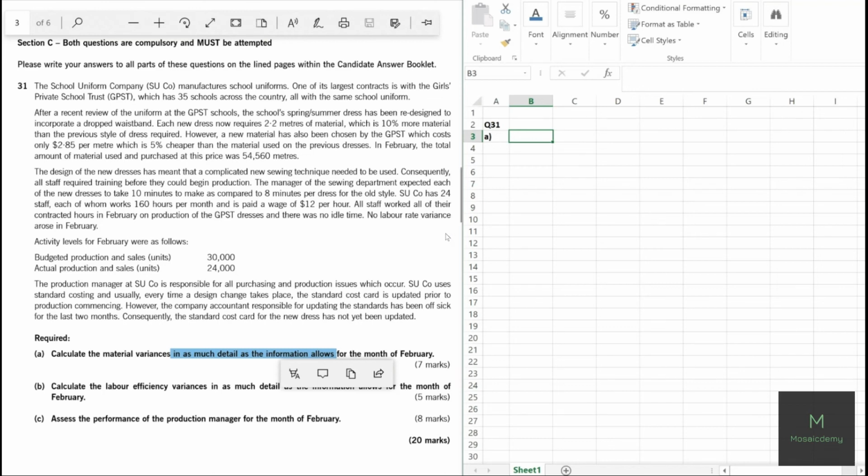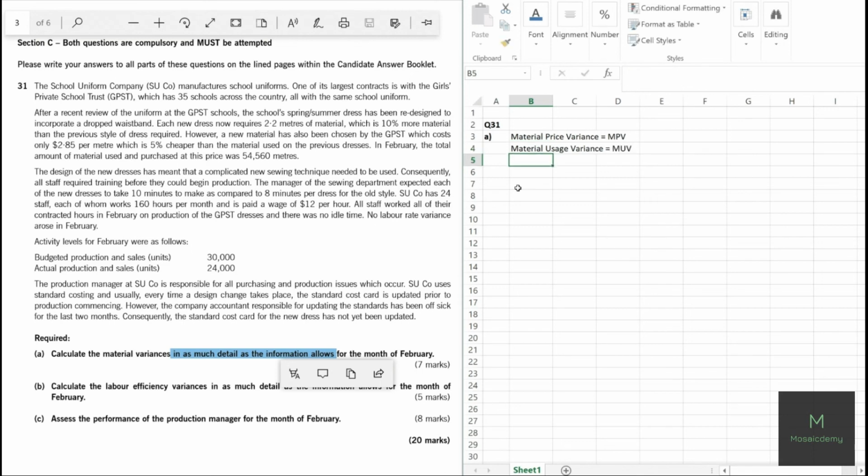Okay, now there's going to be two types of variances: material price variance and material usage variance. Okay, so if we're going to use shorthand like MPV for material price variance, let's just write that down. So material price variance is equal to MPV, and material usage variance is equal to MUV.